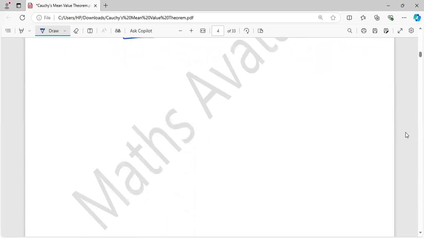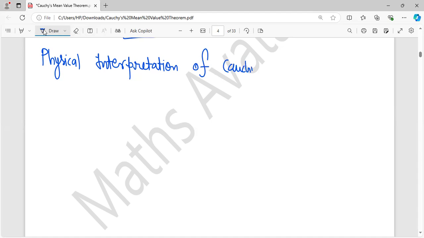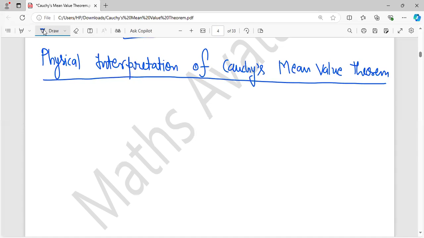Now the physical interpretation of Cauchy mean value theorem. So what is Cauchy mean value theorem?